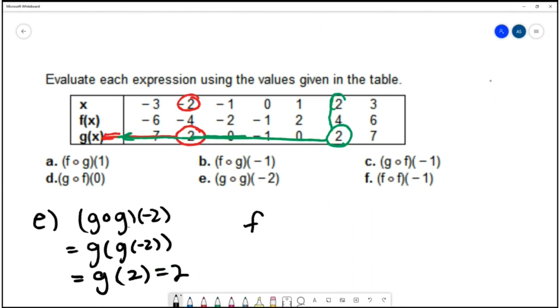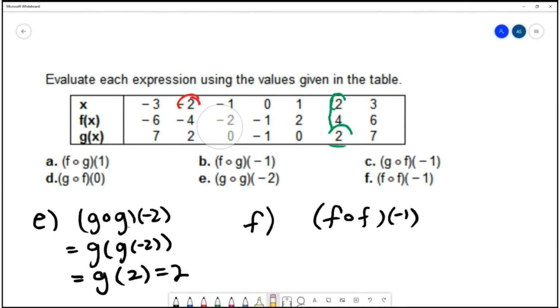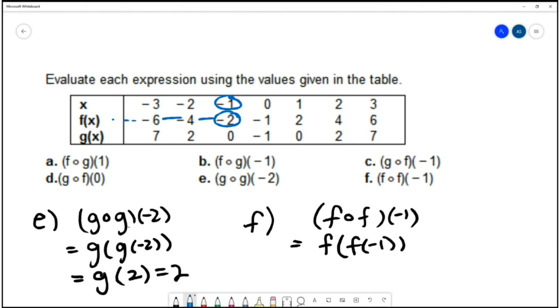And let's try our last one, f composed with f of negative 1. f composed with f of negative 1 is f of f of negative 1. So here is f of negative 1. We have the x value of negative 1, and these are all y values for f.